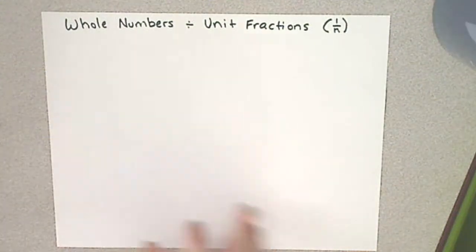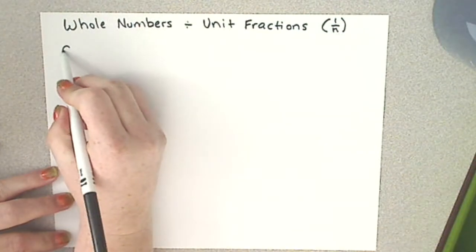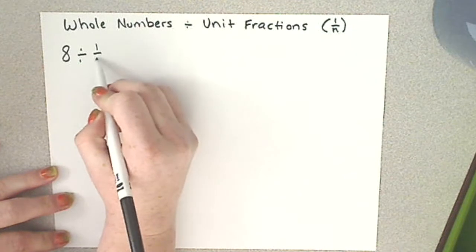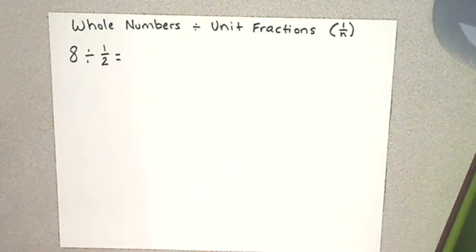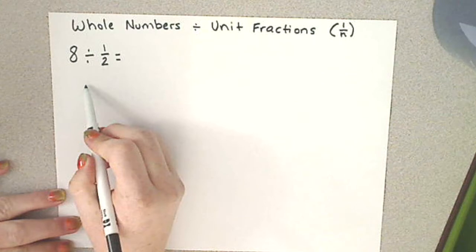So let's take a look at our first example this morning. We are going to divide 8 divided by 1/2. And just like we have been, we are going to be looking at the models to show this, and then I'm going to give you a preview of how to do the standard algorithm for it. All right, so first of all, we need 8 wholes.